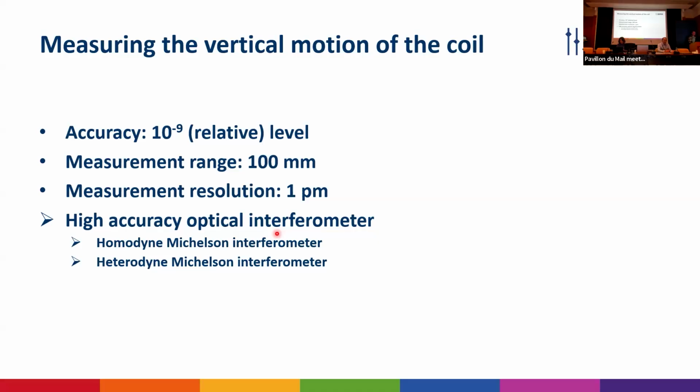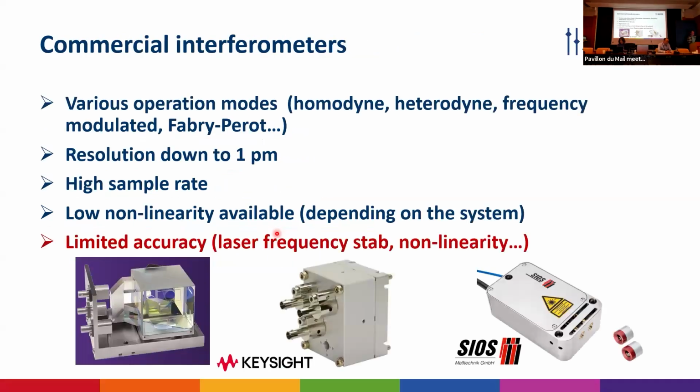Typically in the community, two kinds of interferometers are used for this purpose. We have homodyne Michelson interferometers, or we have heterodyne Michelson interferometers. Just a short overview of commercial systems that can be found. Usually you can find interferometers with plenty of operation modes: homodyne, heterodyne, frequency modulated, Fabry-Perot, probably much more than that, with very good resolution and high sampling rates, which is interesting for synchronization purposes.